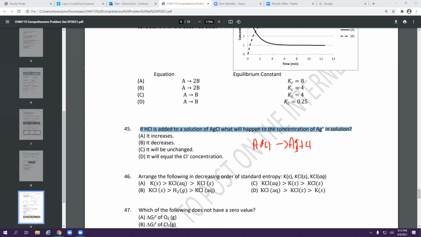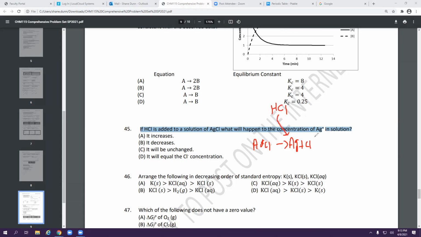Because this will break up to this, correct? Silver chloride breaks up to silver and chloride in water, correct? If I add hydrochloric acid, what's going to happen? What's going to happen to the concentration of chlorine?